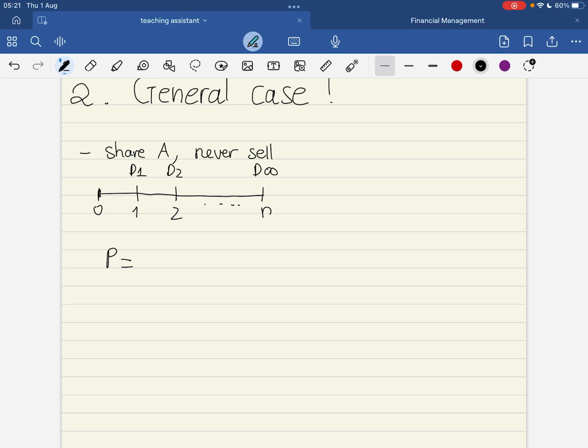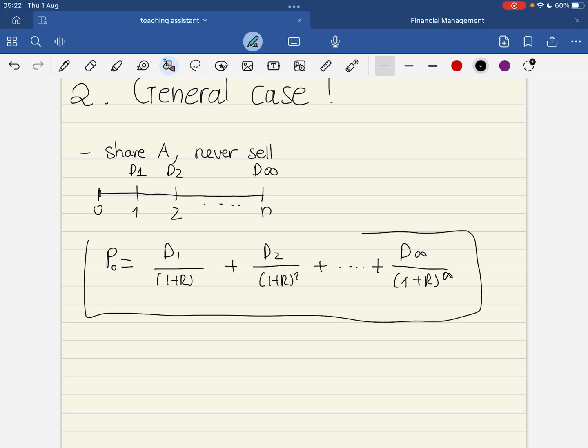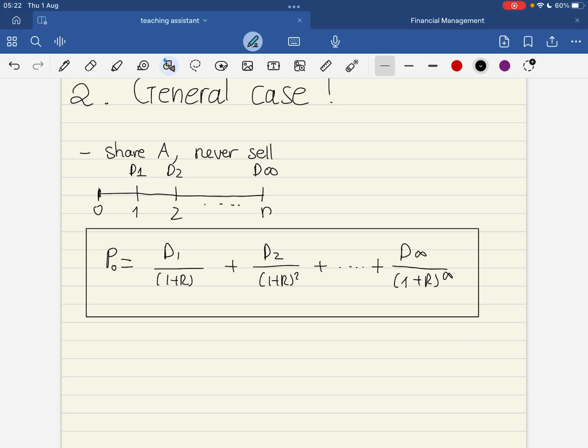Therefore, the formula will be P0 equals D1 divided by 1 plus R, plus D2 divided by 1 plus R to the power of 2, plus etc., until infinity, 1 plus R to the power of infinity. So this is how we compute the price of a stock in the case where we know that we will never sell the share.